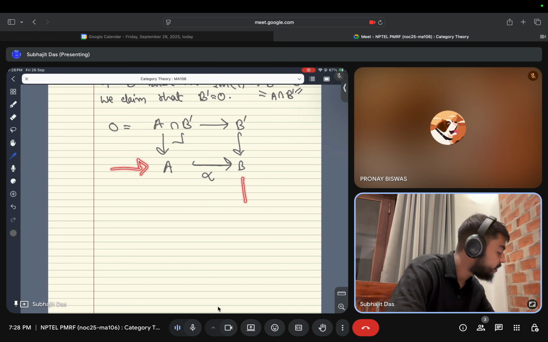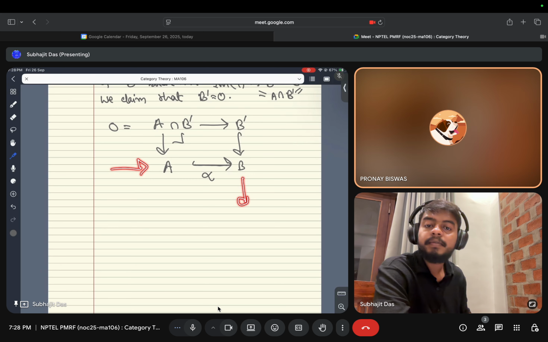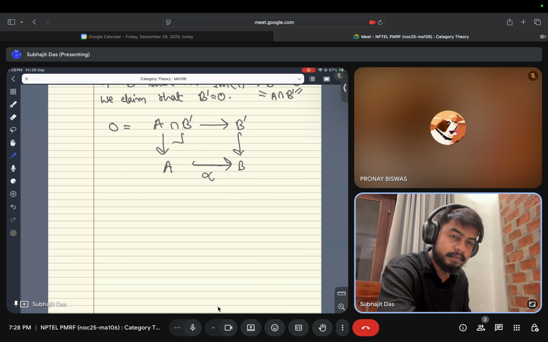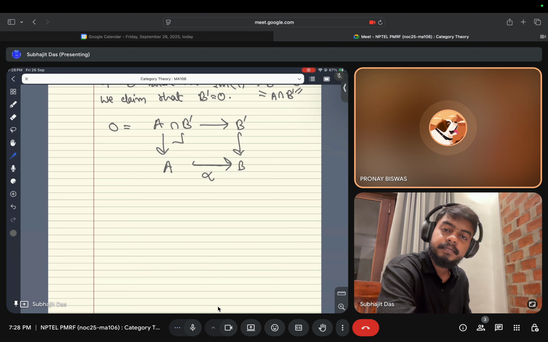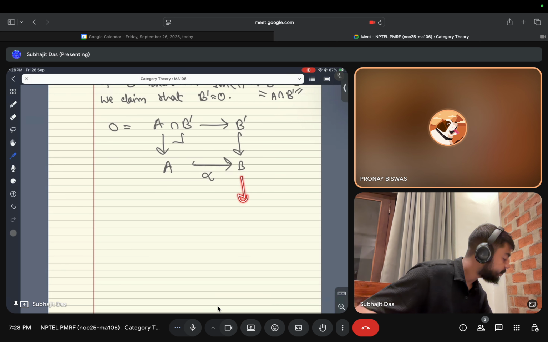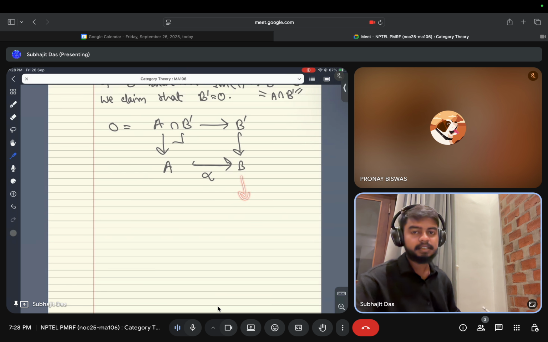I want something after. Co-kernel of what? The question is we want some beta after B, right? Some beta after B which works.